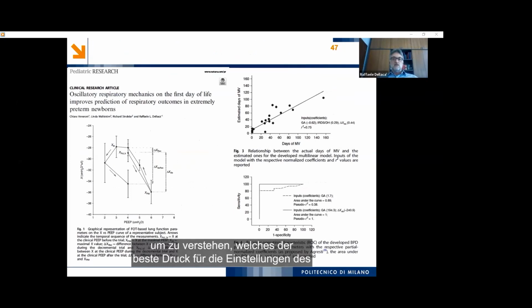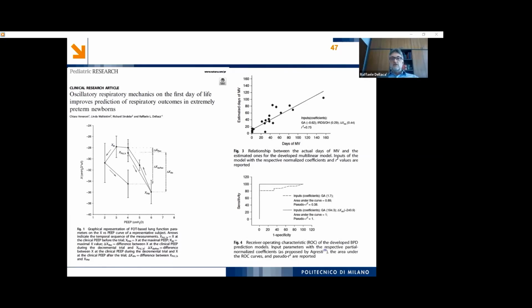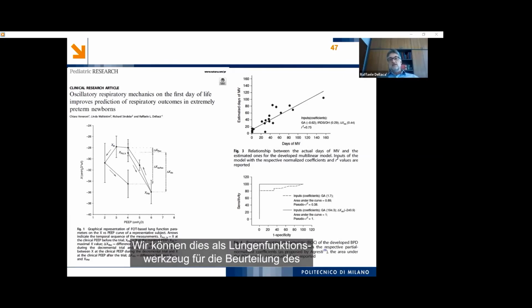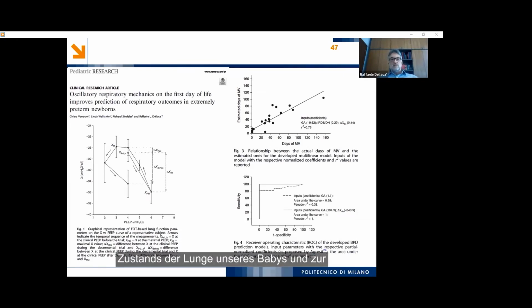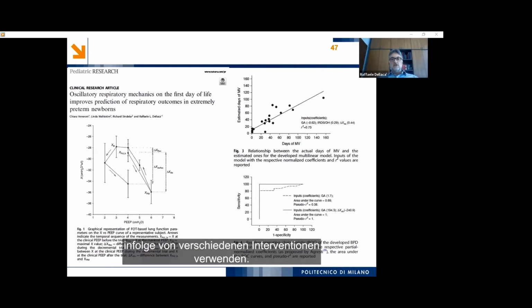So we can use the technology not only to understand which is the best pressure for the ventilator settings, but as we already observed, for example, in the ECMO case, we can also track what happens day by day. We can use this as a lung function tool to evaluate the condition of the lung of our baby and to track how they change as a consequence of different interventions.